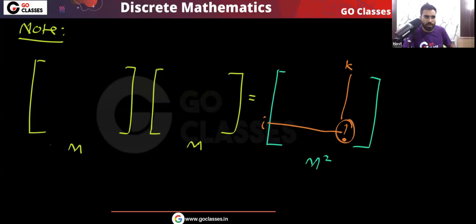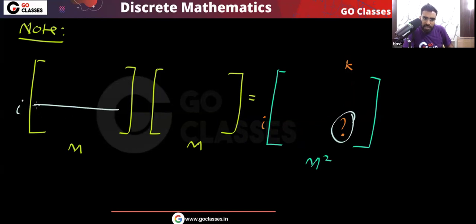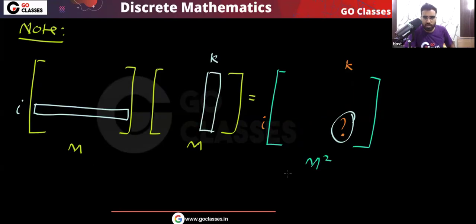So basically I am asking about this entry. Remember, for this entry, who will multiply? The ith row here will multiply with the kth column here. Then you will get this ik entry.